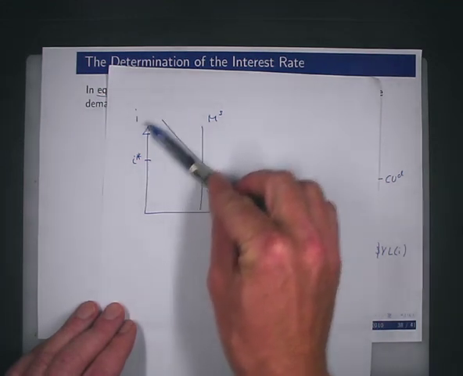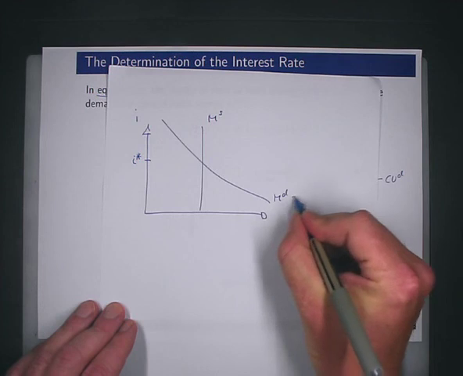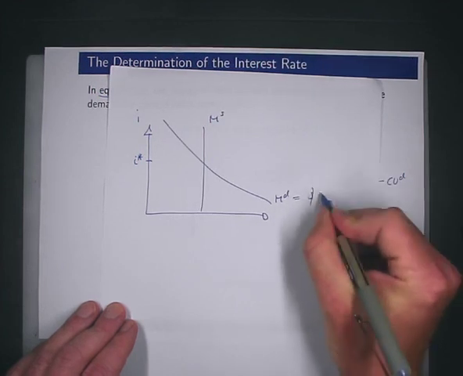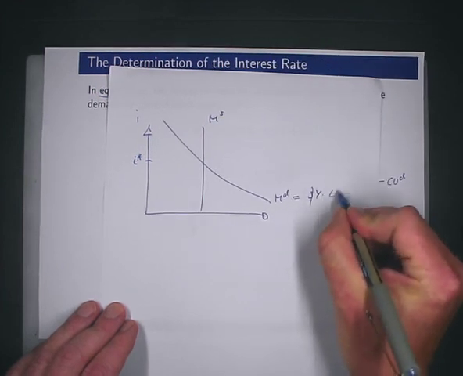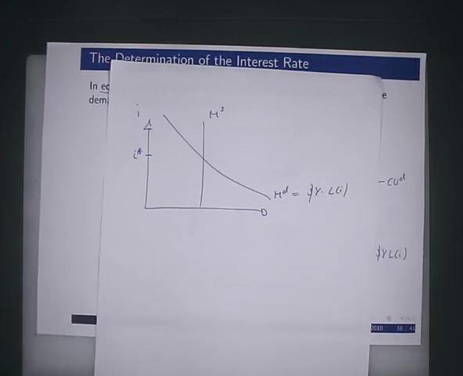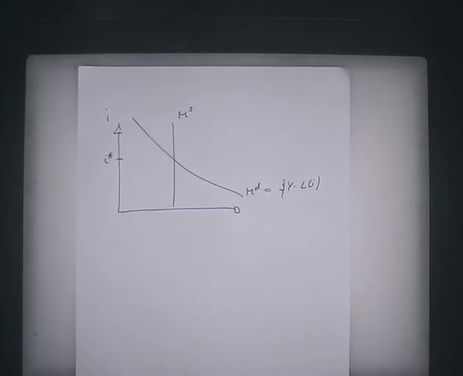There could be changes in money demand because money demand is a function of output, and this could also be a function of other things. So we don't really know what money demand looks like.